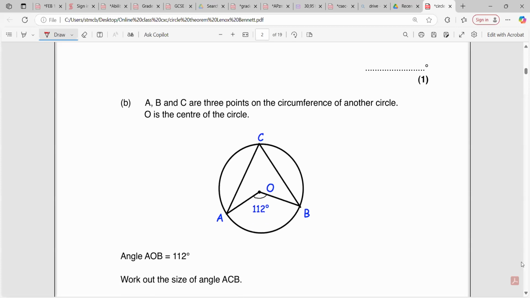This one says A, B, and C are 3 points on the circumference of another circle. O is the center. Angle AOB is 112. Work out the size of angle ACB.